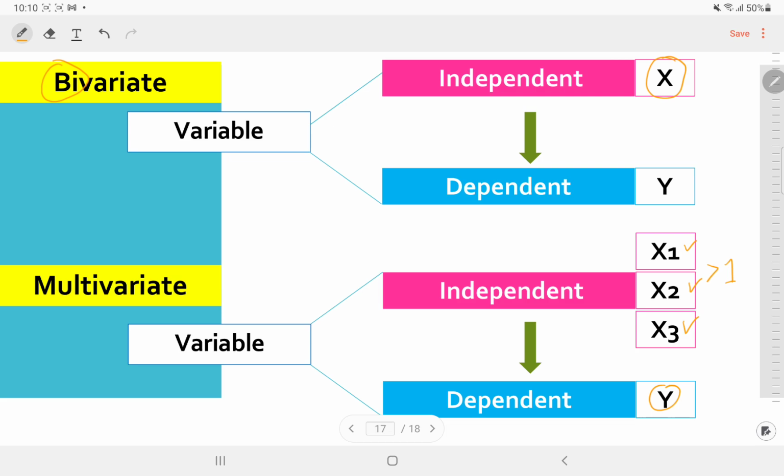If it is bivariate, you will have single regression. But if it is multivariate, you will use multiple regression. Okay, before we go on to the next one, please understand what single regression and multiple regression are. You can find much information from books and many kinds of sources.